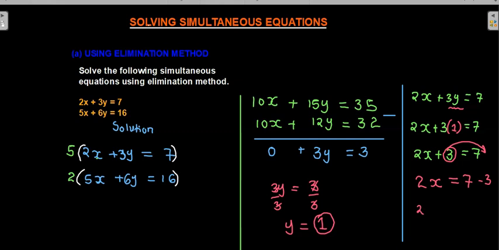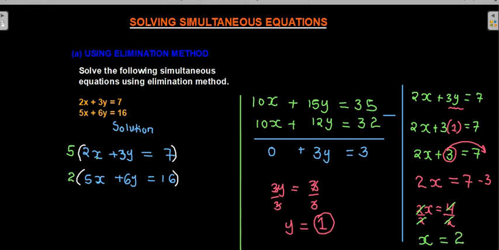And this will be 2x equals 4. Divide by 2 on both sides; the 2 and 2 will cancel out, and our answer will be 2.